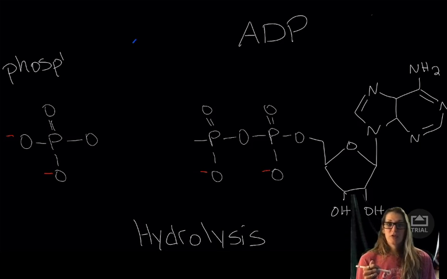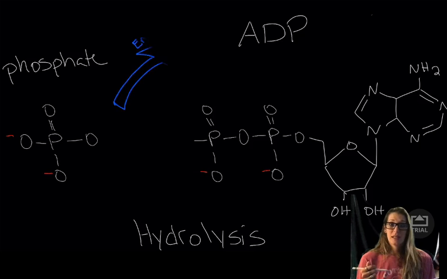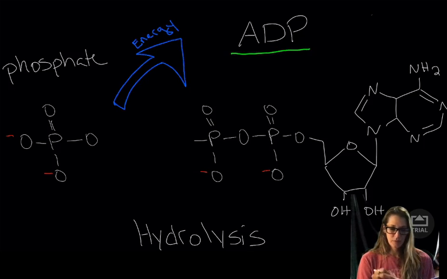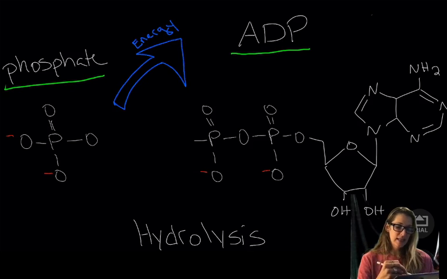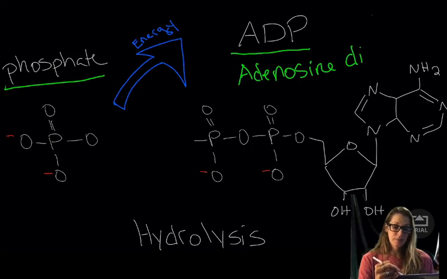When we break off one of those phosphates, it's called hydrolysis. It changes what was once ATP to ADP and a phosphate group. ADP is adenosine diphosphate.